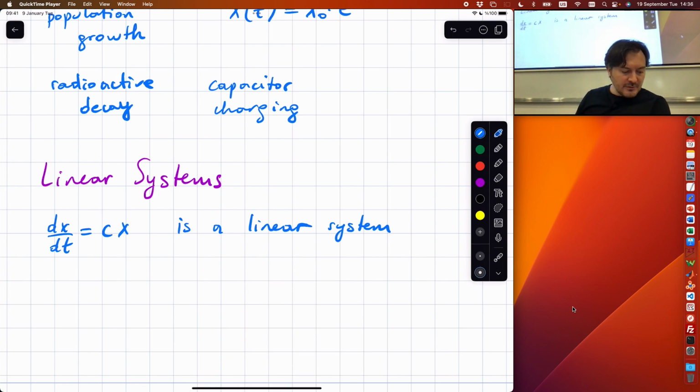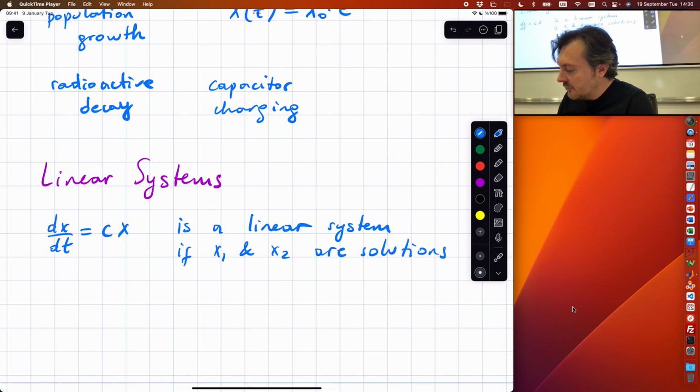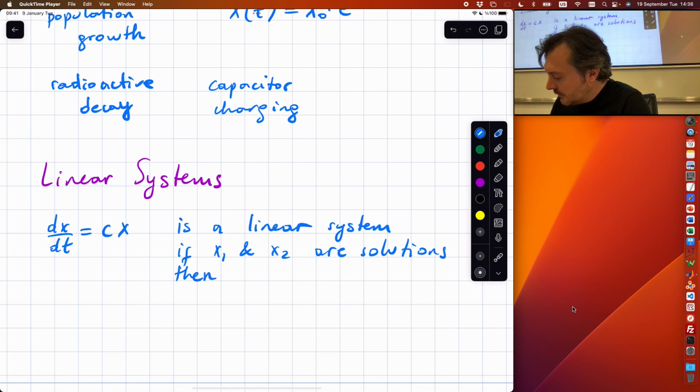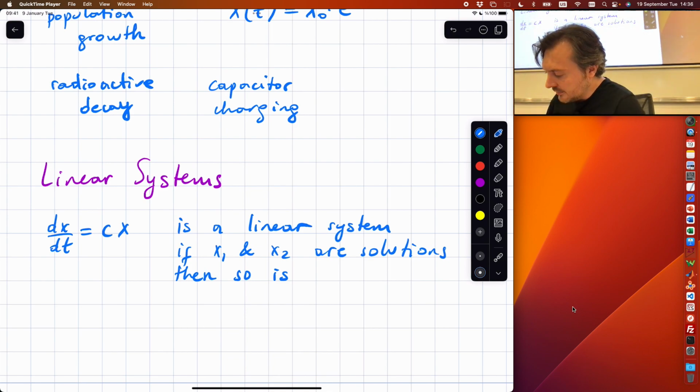This is one of the reasons, but to me it's the most important reason. If x1 and x2 are solutions to this equation, then so is actually any combination. Okay, let's not make a mistake right at the beginning.